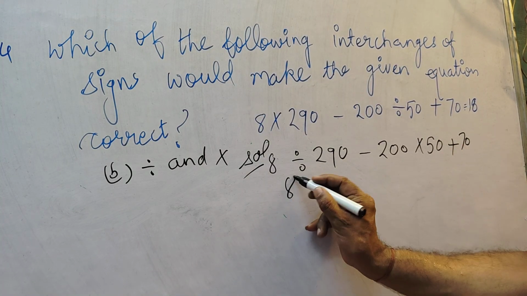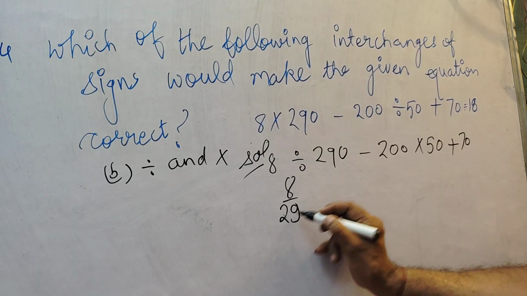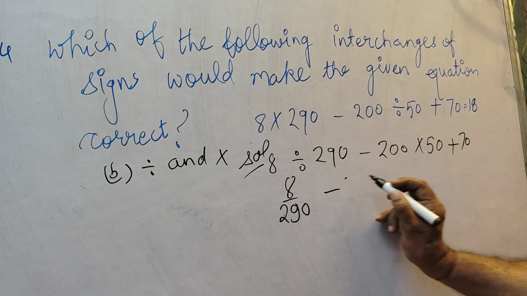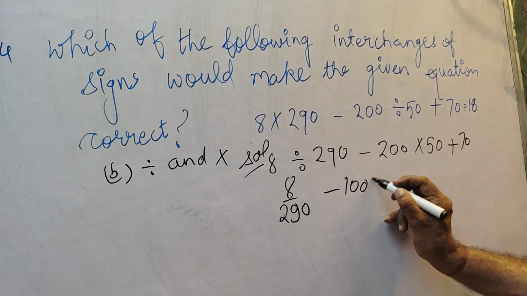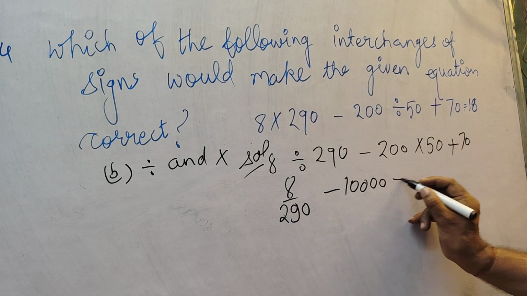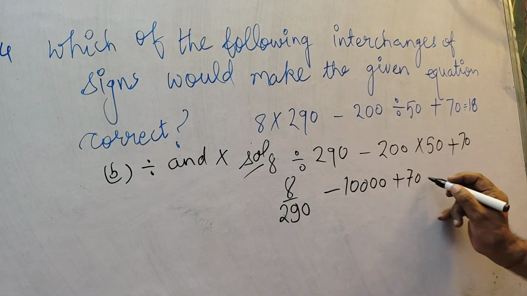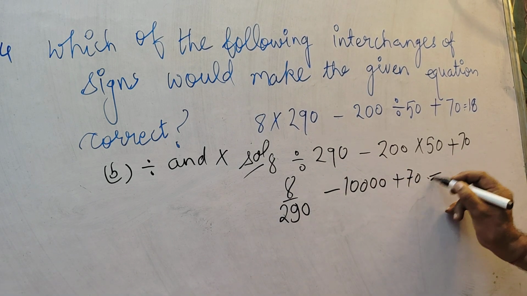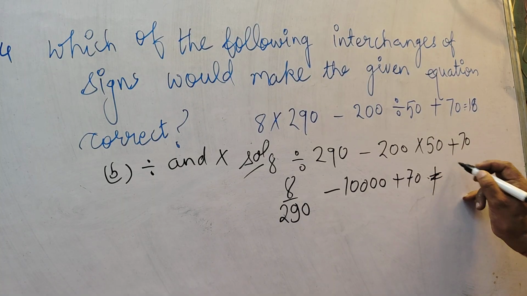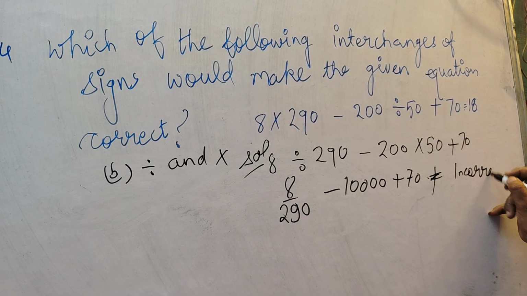Now we solve divide. So it is 8 divide 290, then 200 times 50, minus 10,000 plus 70. It is a negative, fractional value, so it is not equal to 18, so it is also an incorrect option.